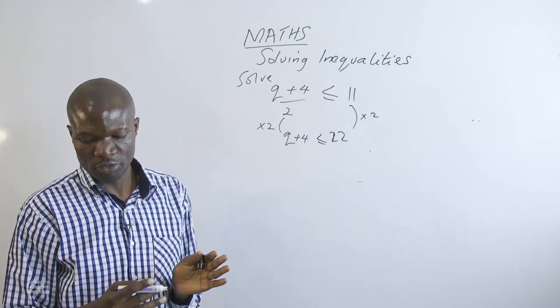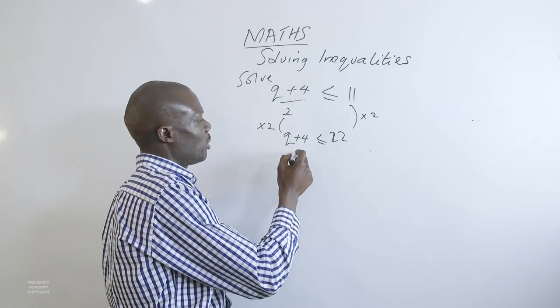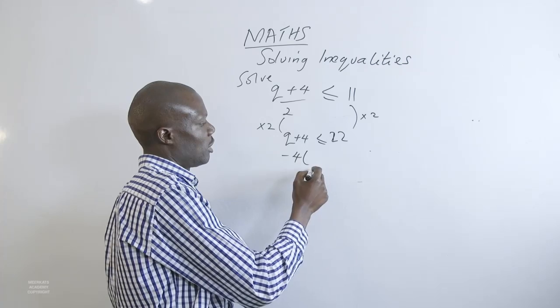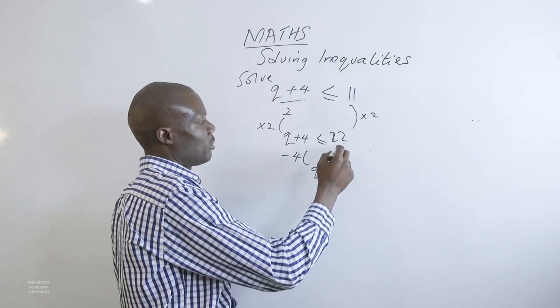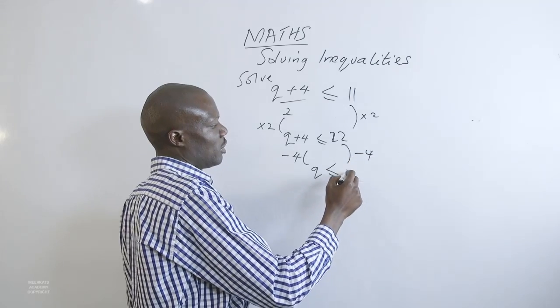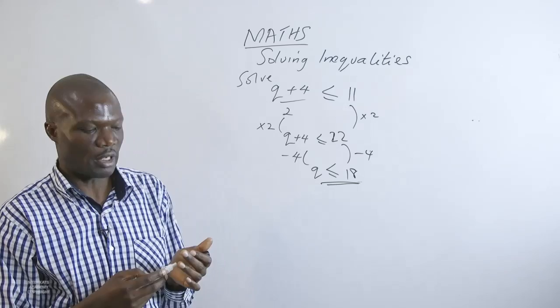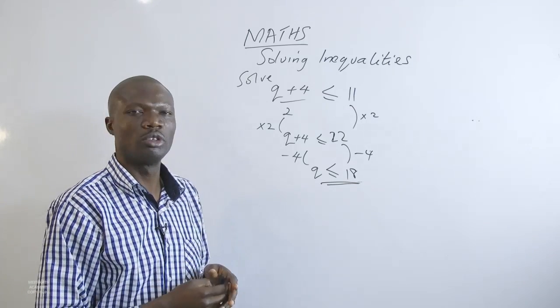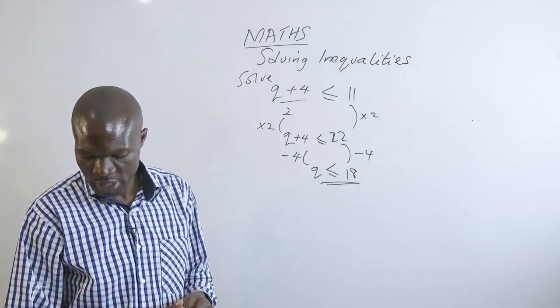Our interest is to find the value of the inequality for q. So subtract 4 this side to get q. The inequality remains; subtract 4 the other side to get 18. So the inequality that satisfies that is q is less than or equal to 18.